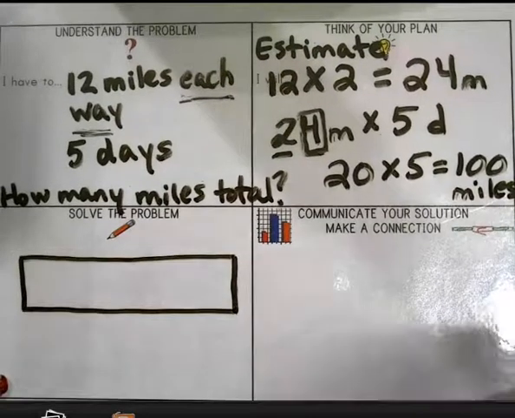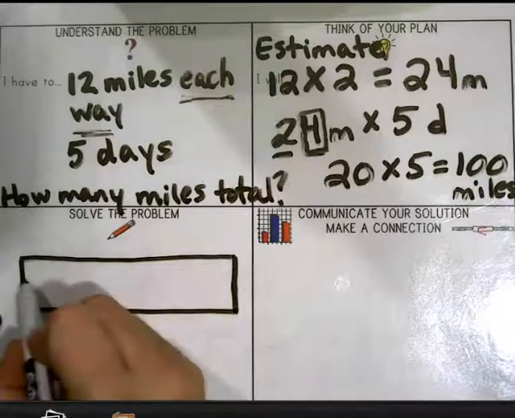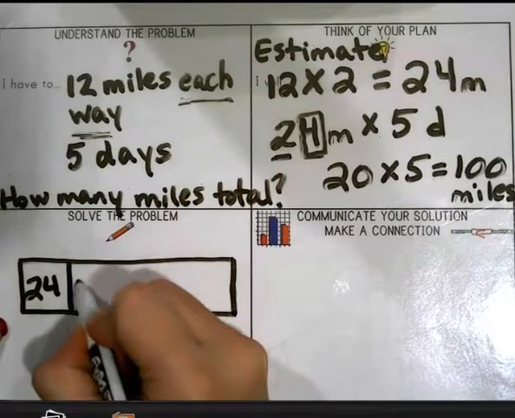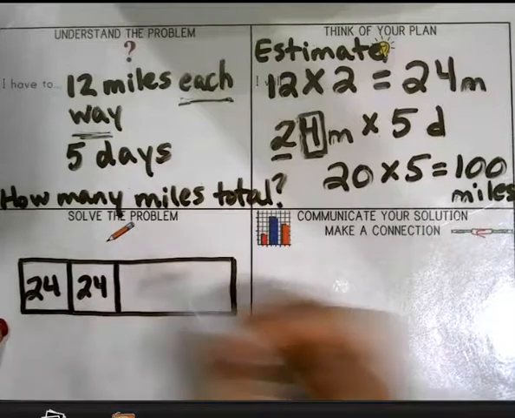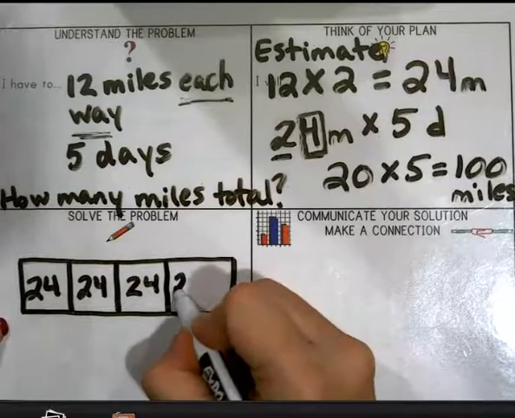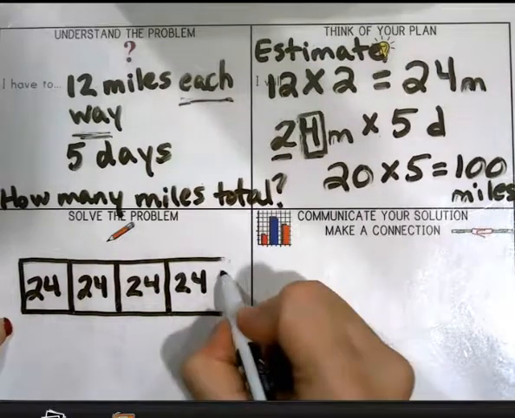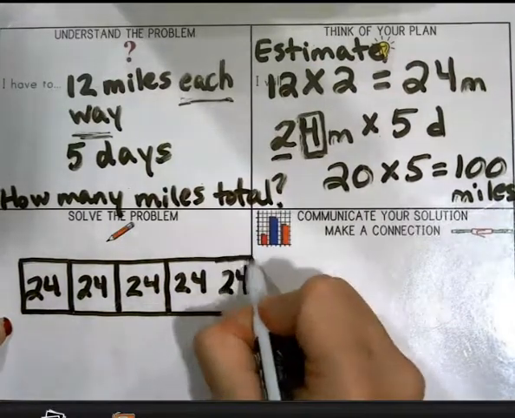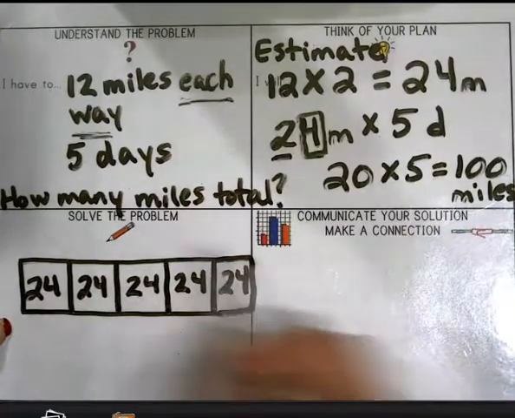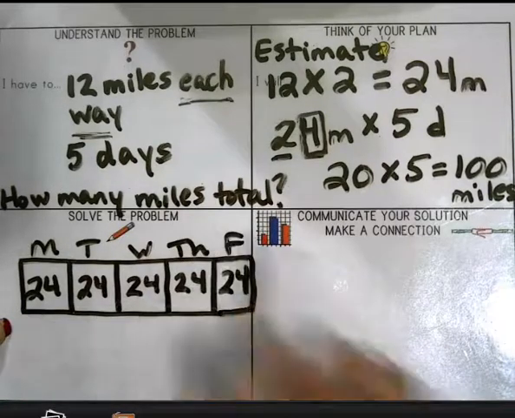All right, so now let's go back to this. It's 24 miles each day, and there are those 5 days, so I'm going to write 24 5 times. 1, 2, 3, 4, oopsie, and 5. Okay, so we have Monday, Tuesday, Wednesday, Thursday, Friday, right?